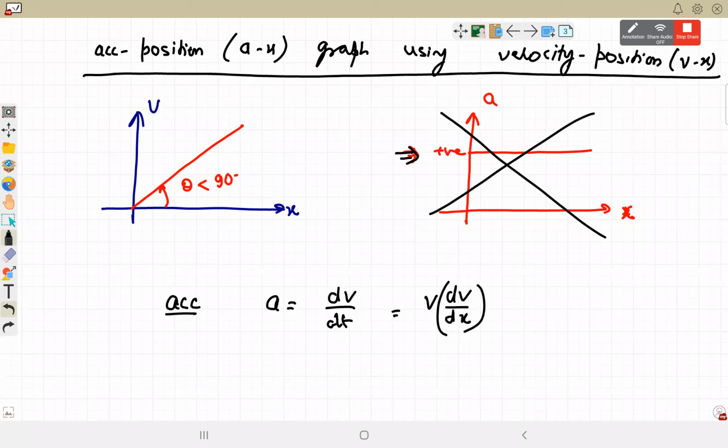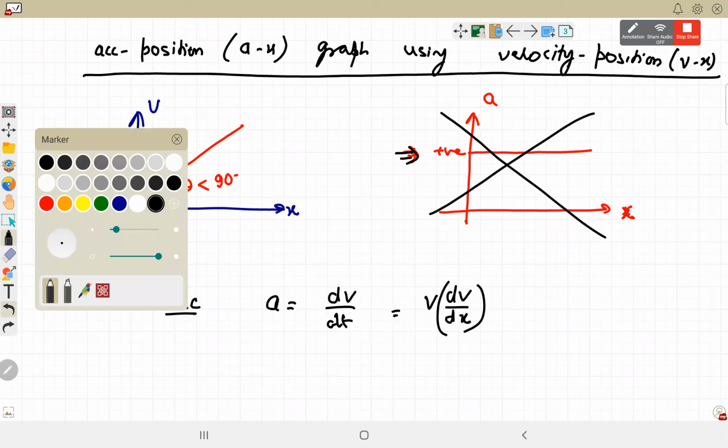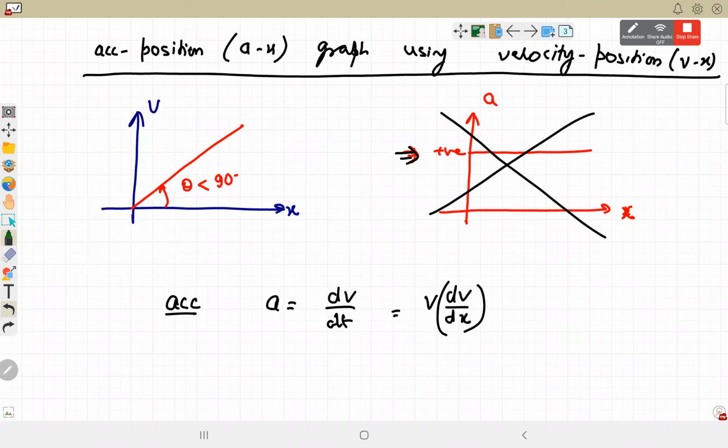Here we have to do a little bit of maths first. We have to find v multiplied by the slope, and then find the new relation. So what we do here is write the equation of velocity in terms of position first. And what will be that equation?